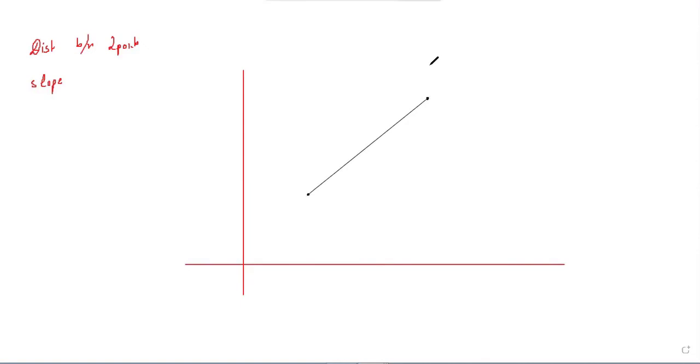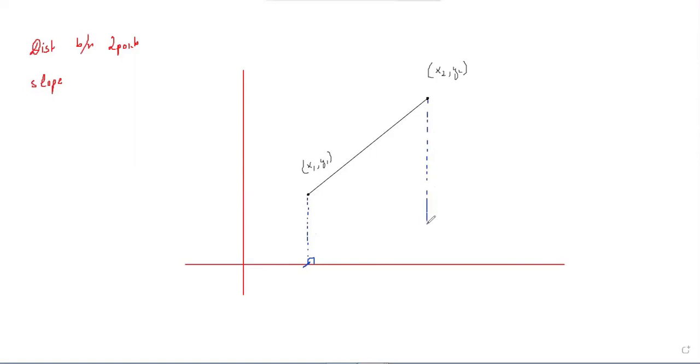Let's take these coordinates x2, y2, and this one as x1, y1. Now, if you understand the basics of coordinate geometry, what is going to be this point? X1.